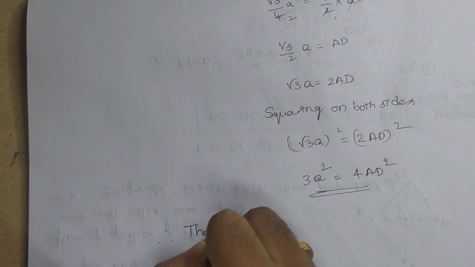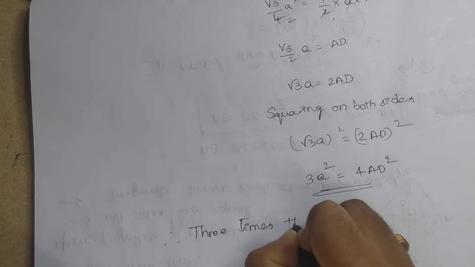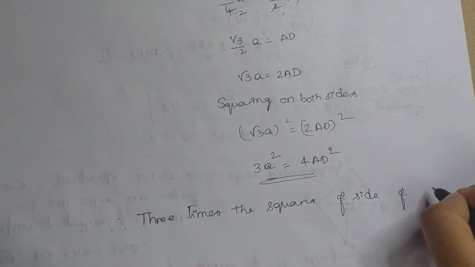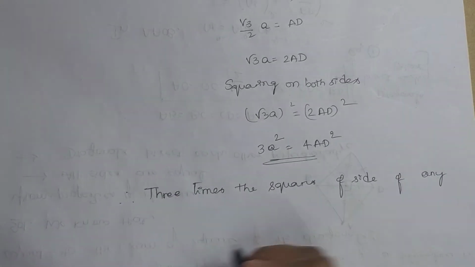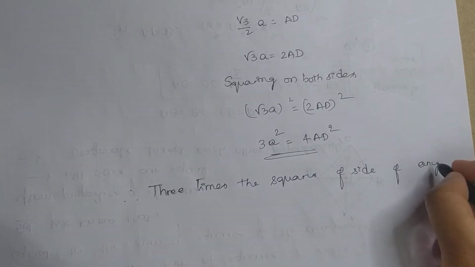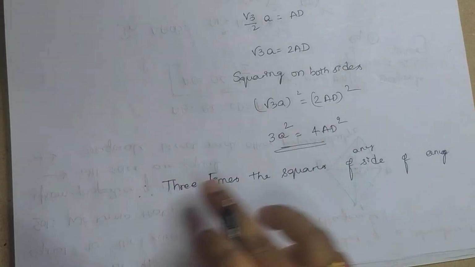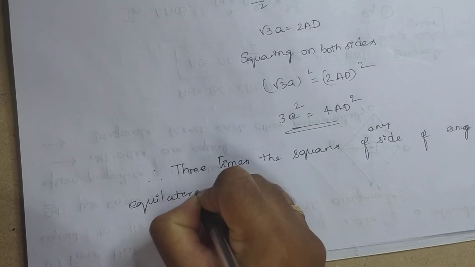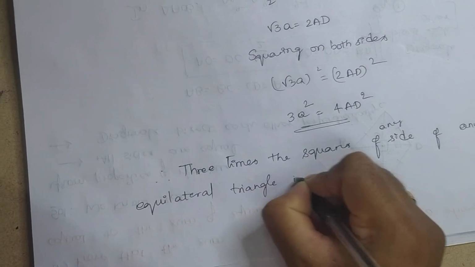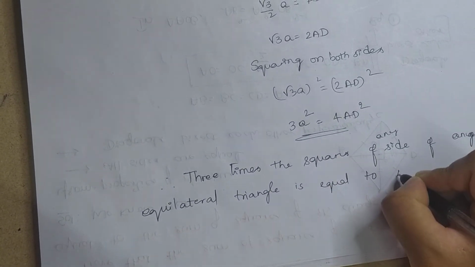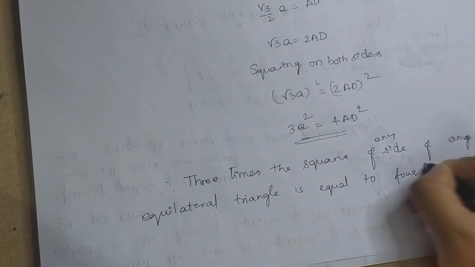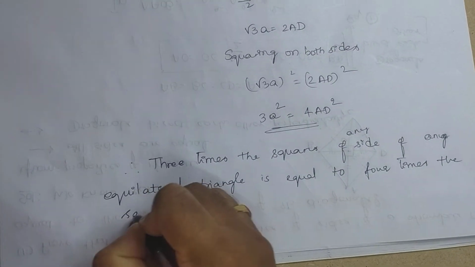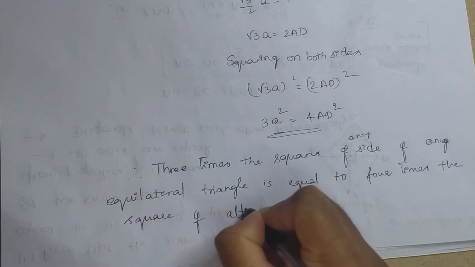Therefore, 3 times the square of any side of an equilateral triangle is equal to 4 times the square of AD, the altitude, right? 4 times the square of altitude.